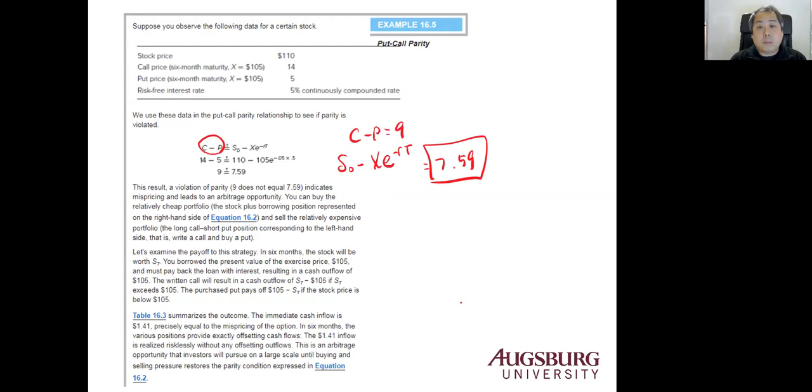What does it mean? It means that the put-call parity doesn't hold, which means there is mispricing. So you can get abnormal returns, arbitrage opportunities actually.